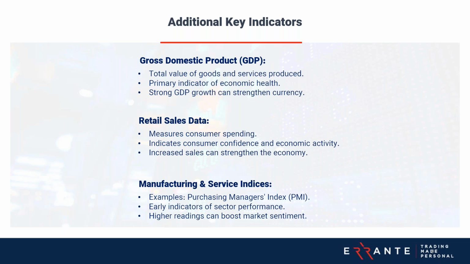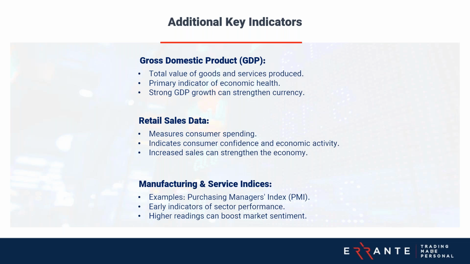Readings above 50 indicate expansion, while below 50 suggests contraction. So PMIs are among the first pieces of data released each month, providing timely insights into economic activity. We know that higher PMI readings can lead to positive market sentiment, and also strong manufacturing data may boost industrial stocks and strengthen the currency.